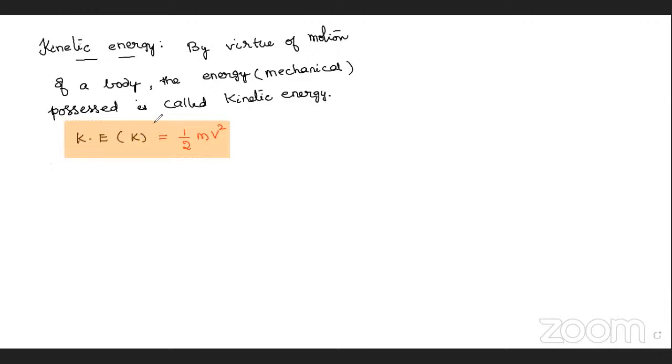Related to it, if I move one body from a height h1 to a height h2, then the amount of work done you relate with the potential energy. That is final potential energy minus initial potential energy, that is mgh2 minus mgh1.